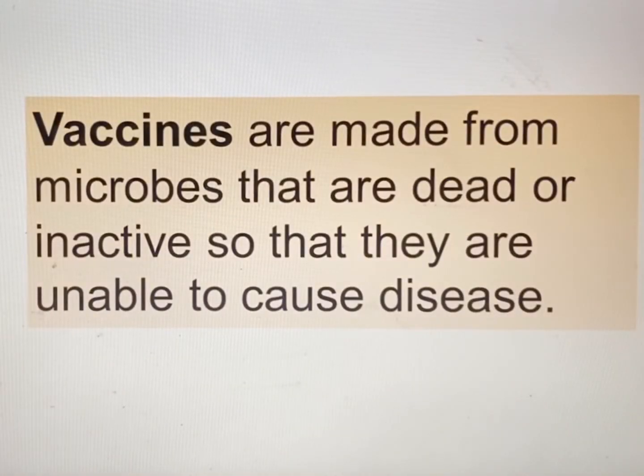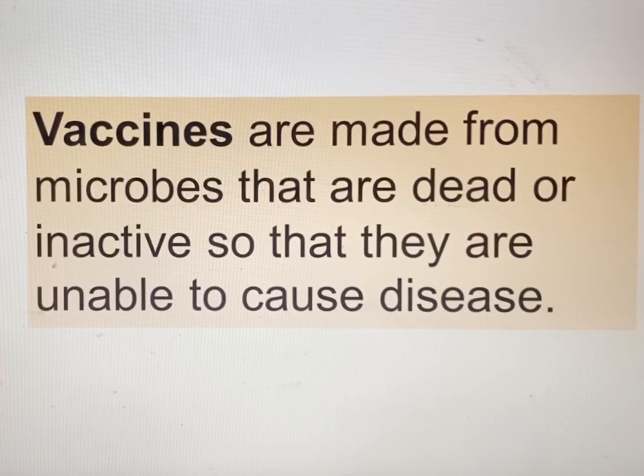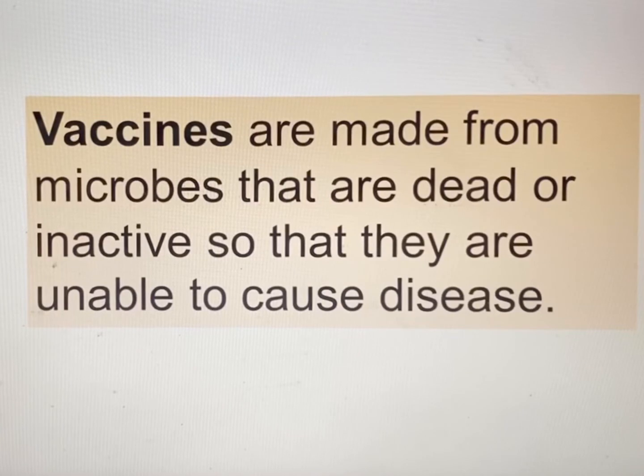How are vaccines made? Vaccines are made from microbes that are dead or inactive so that they are unable to cause disease. I would like to add one more point: when we insert the microbes in inactivated forms, our body can create the immune defense in advance by recognizing the antigens.